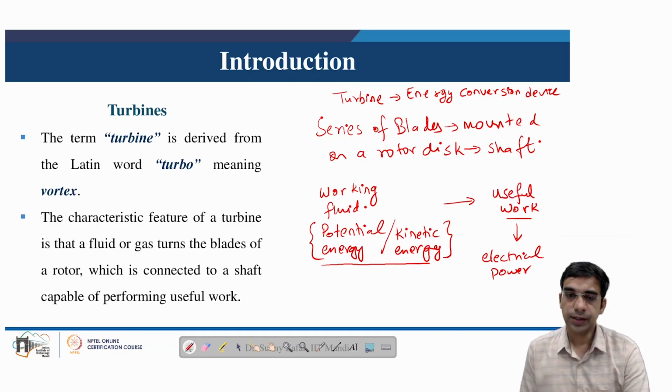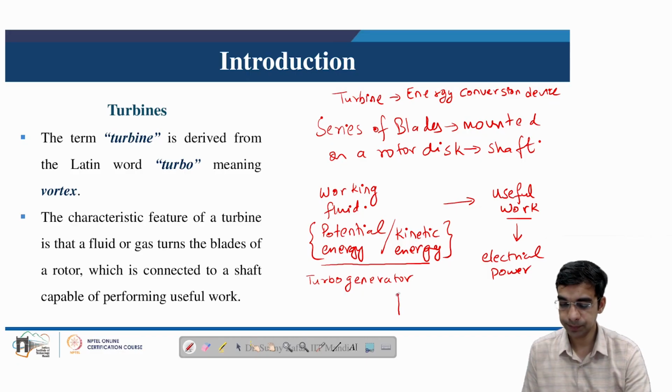So for mostly energy generation sectors, we have this combination of a turbo generator, which is nothing but a turbine converting useful work into electrical power.